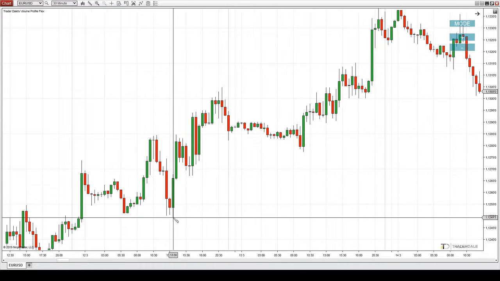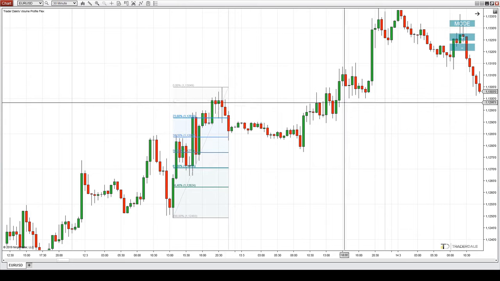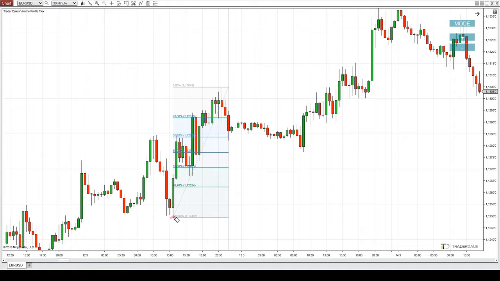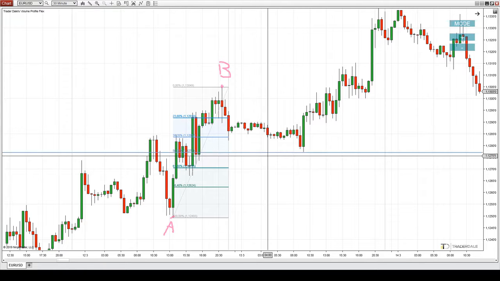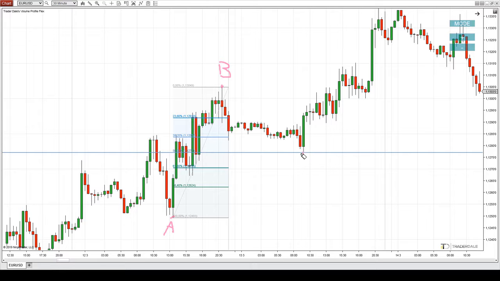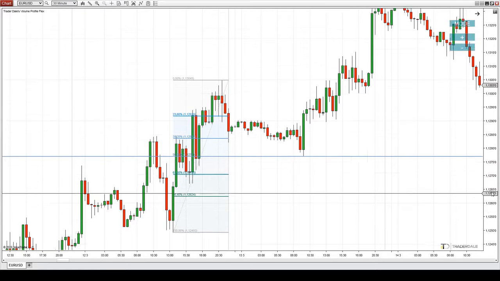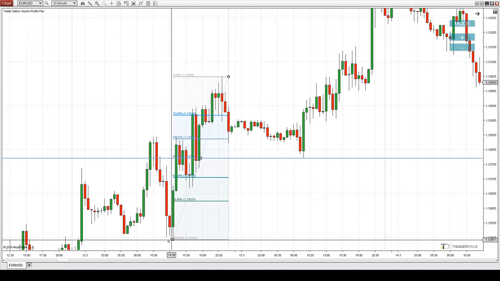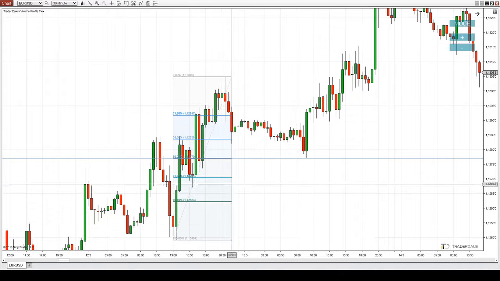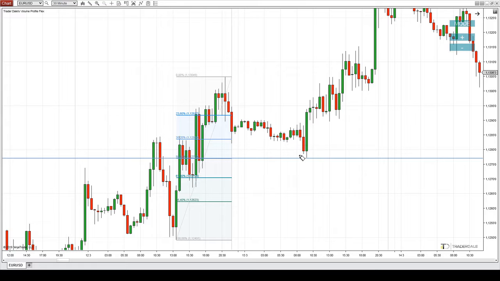So let's check this one out. Those swing points, swing point A, swing point B, it seems that the price didn't quite reach the 50% mark in here. Let me make sure, but I think it didn't. It didn't.